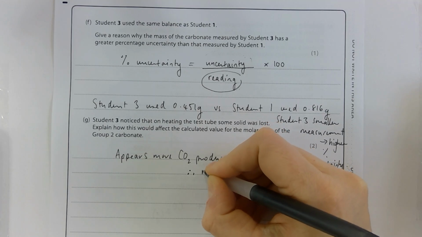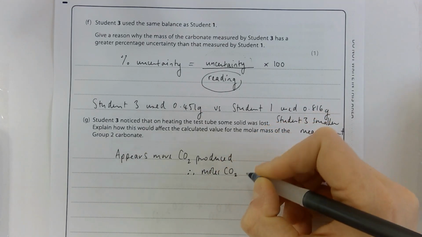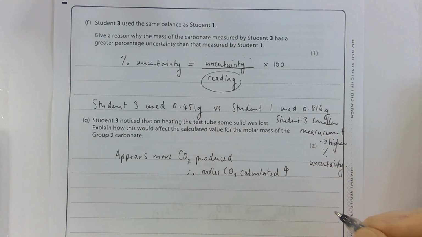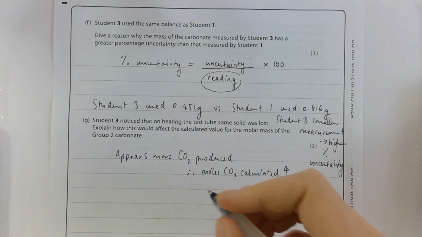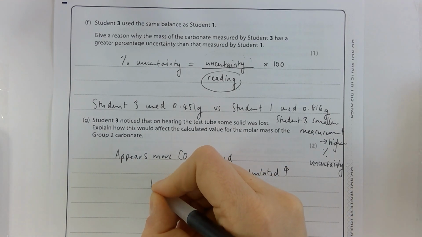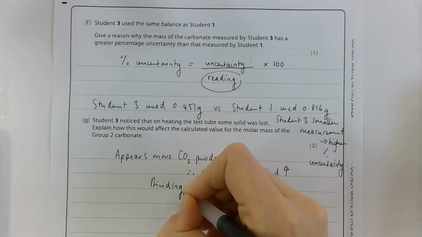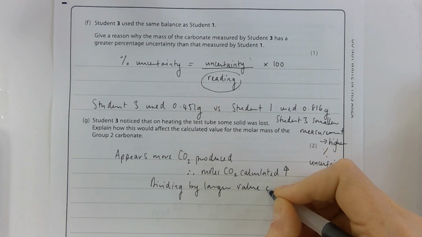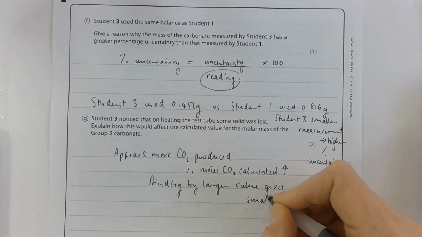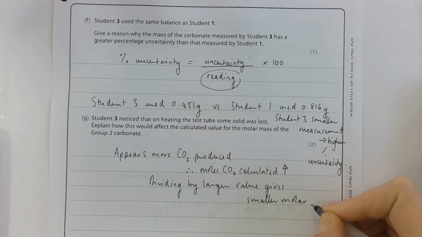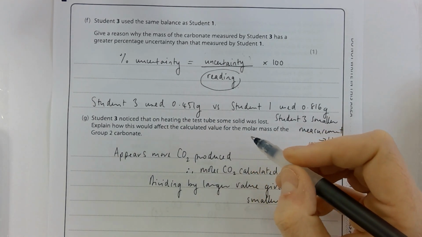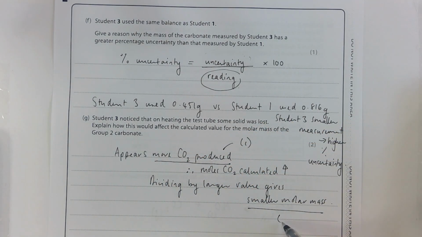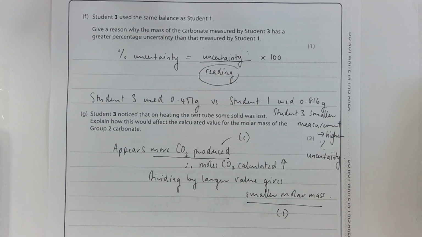So therefore moles of CO2 calculated would seem larger. 1-to-1 ratio, so moles of metal carbonate would be bigger, and therefore dividing by a larger value gives smaller molar mass. And looking at the mark scheme, your marks are for this first bit, and therefore the molar mass is smaller. So you don't have to do all the explanation, but it's worth thinking through in order to get there.